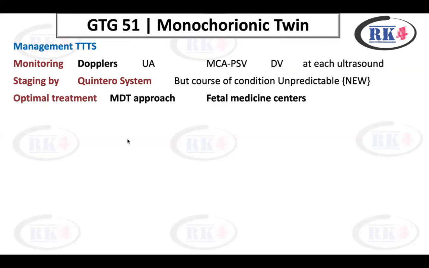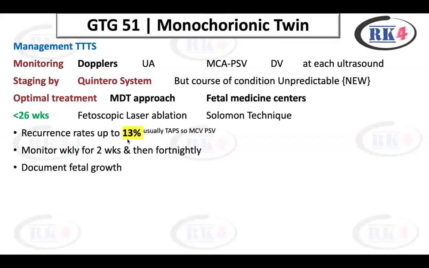Optimal treatment should be a multidisciplinary team approach, and the treatment of TTTS will be done in fetal medicine centers. If TTTS develops at less than 26 weeks, the treatment is fetoscopic laser ablation, and this is done with the help of the Solomon technique.